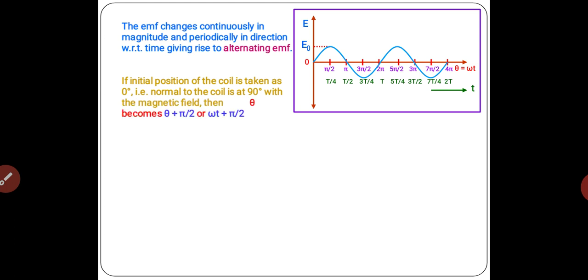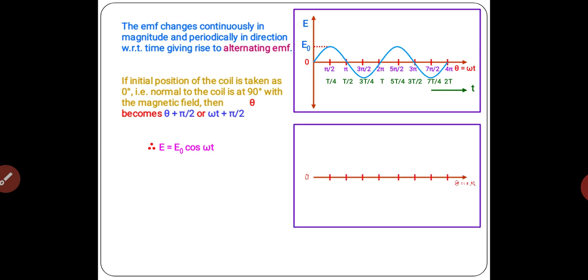If the initial position of the coil is taken as 0, that is, the normal to the coil is at 90 degrees with the magnetic field, then θ becomes θ + π/2, or ωt + π/2. The expression for EMF is then E = E0 cos ωt.